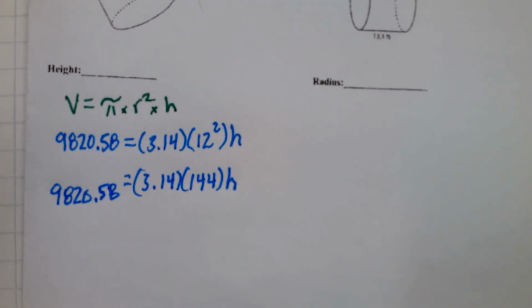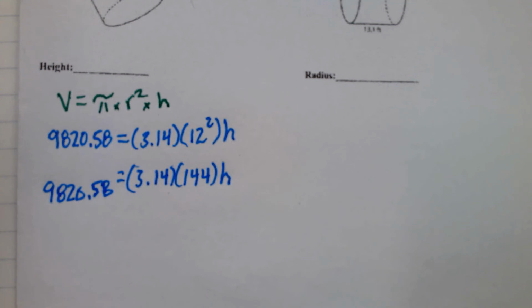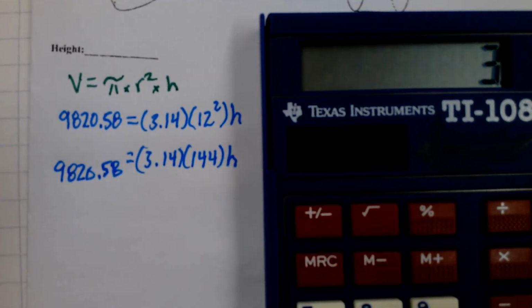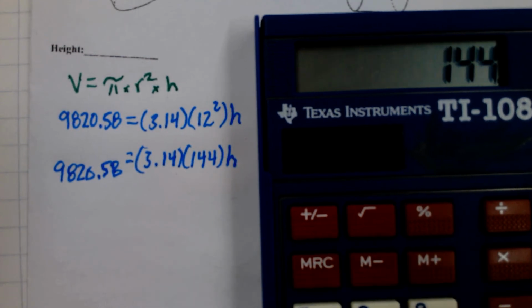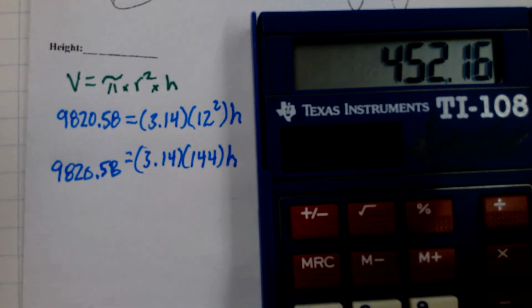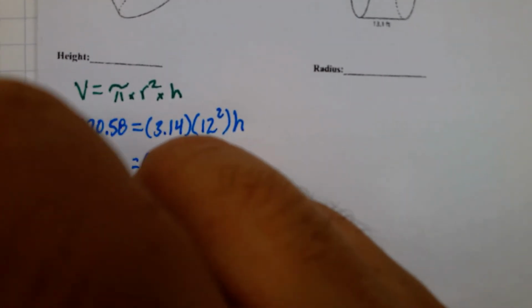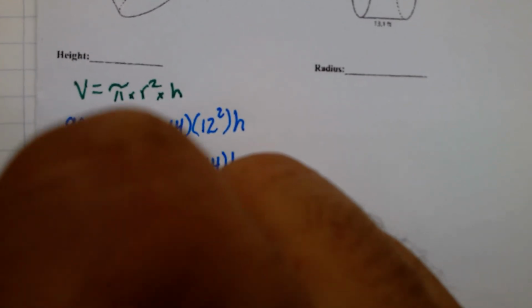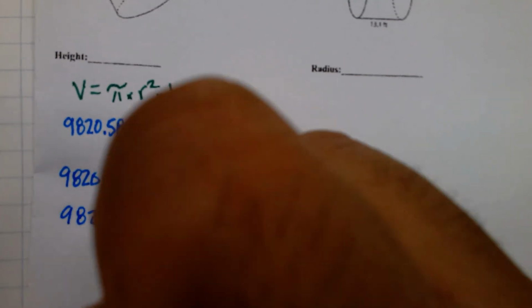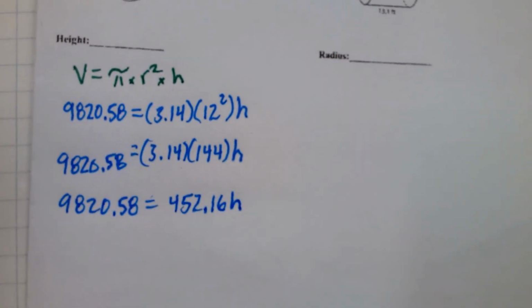I can still multiply 3.14 times 144, which gives me 452.16. So it's 452.16 times h.